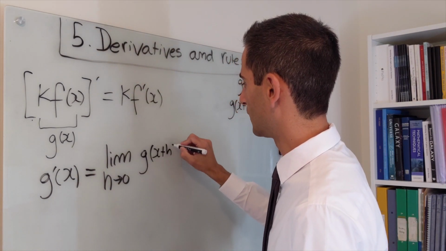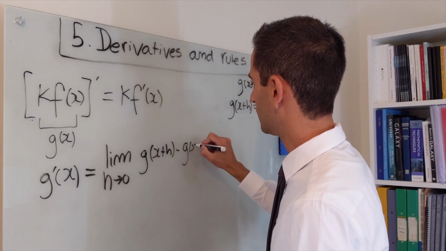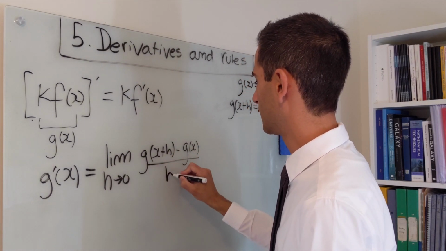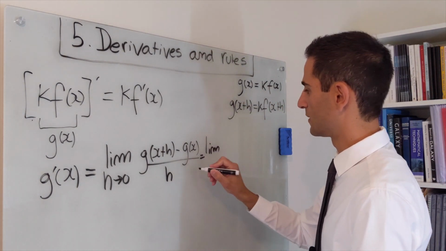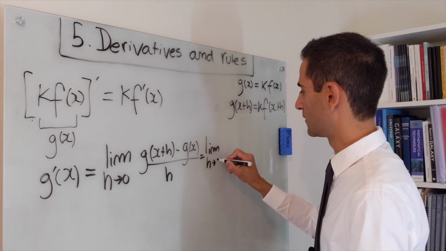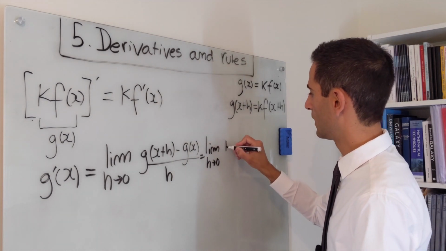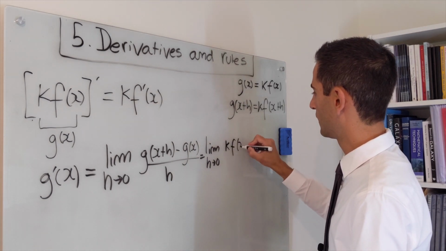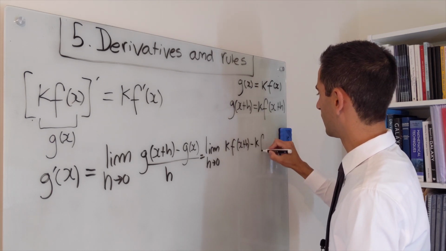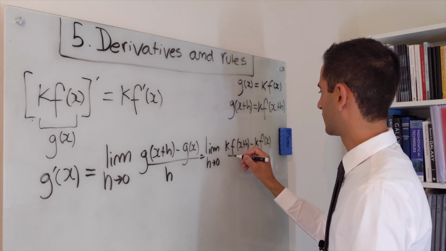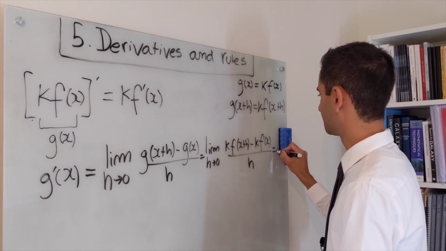We sub it in. So this is equal to the limit when h goes to 0 of k f of x plus h minus k f of x over h.